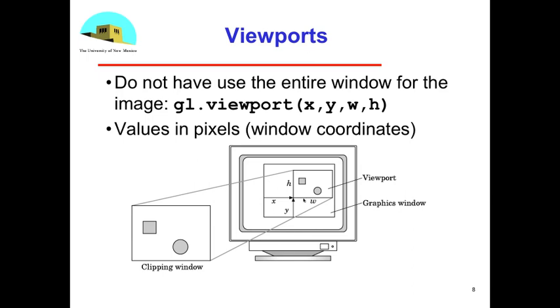So you can think of that as forming three images. Each one is assigned a different region of the canvas that you created, and we use the viewport to say how much we want. So we specify the lower left-hand corner over here and the height and the width of that viewport, which is inside of the canvas that we specified in our initialization.